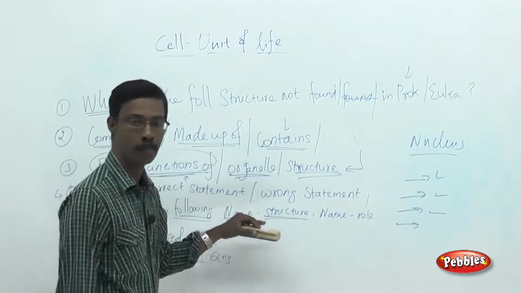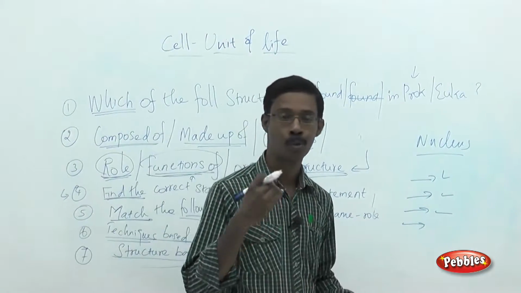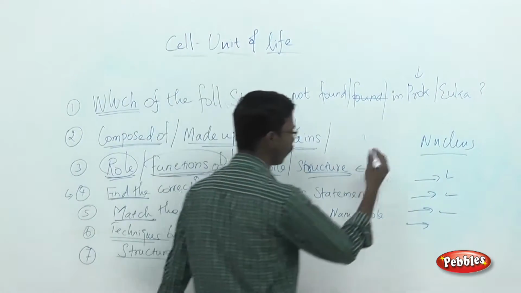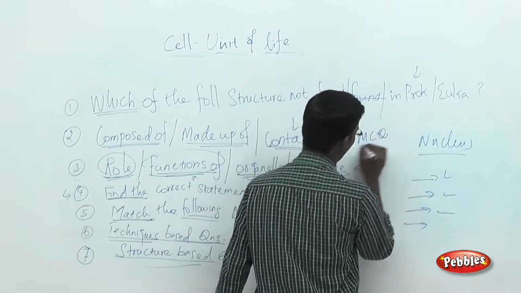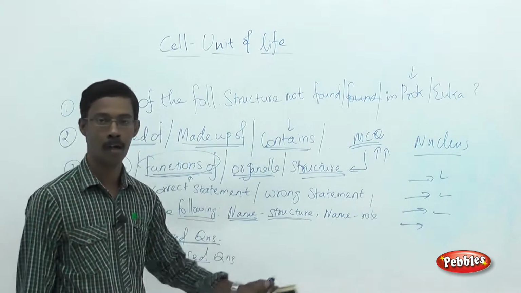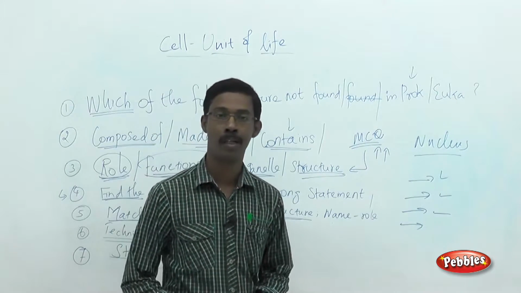And what we are going to do now, we are going to see each and every type of question with some examples, and I will tell you how to choose the correct answer and how to eliminate the wrong answer. So whenever you are going to answer the MCQ type of question, the technique over here is you have to eliminate the wrong answers, then only you can choose the correct answer.